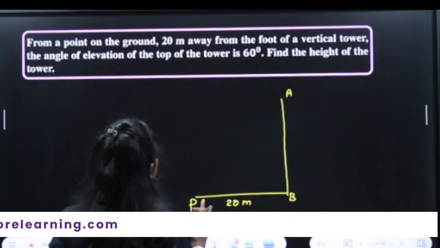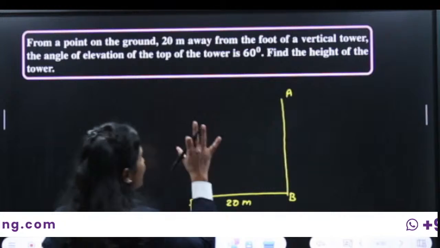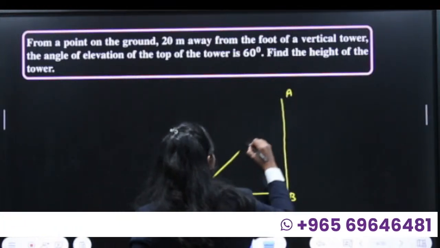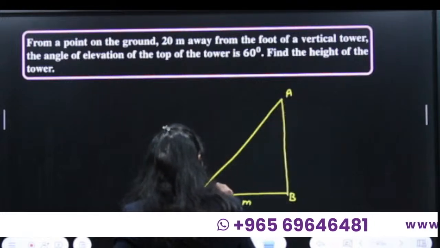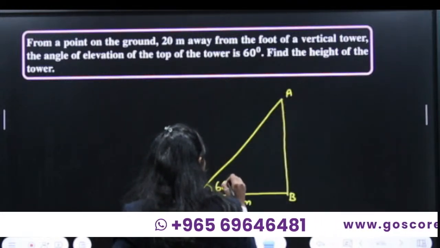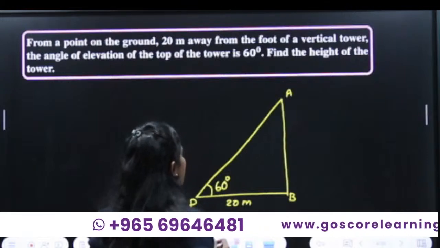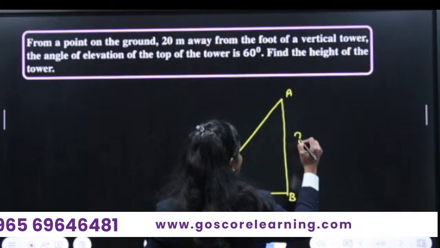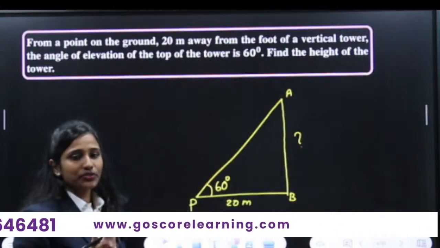Now the angle of elevation is 60 degrees. That means from P to A we have a line and this angle is 60 degrees. Then find the height of the tower. We need to find this AB.